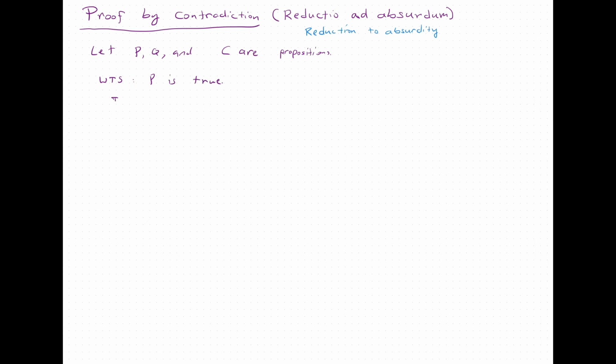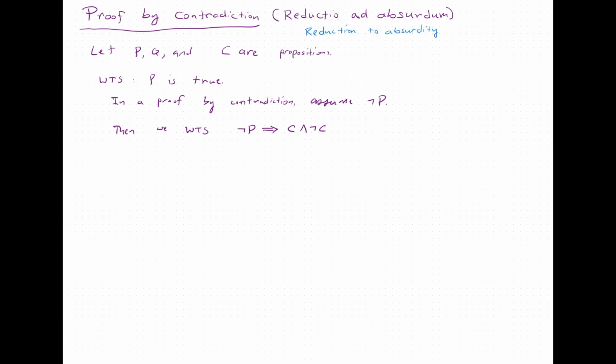In a proof by contradiction, we want to assume the negation of P. So assume not P. So then, we want to show that not P implies some contradiction C and not C.